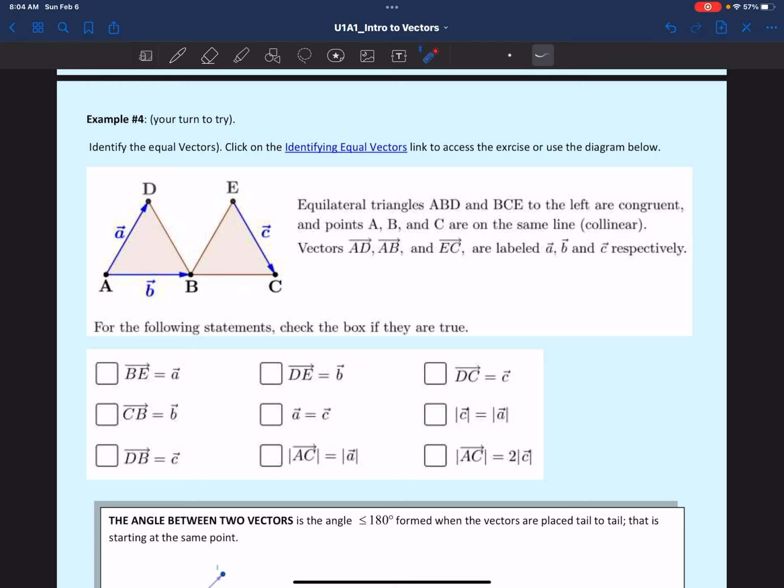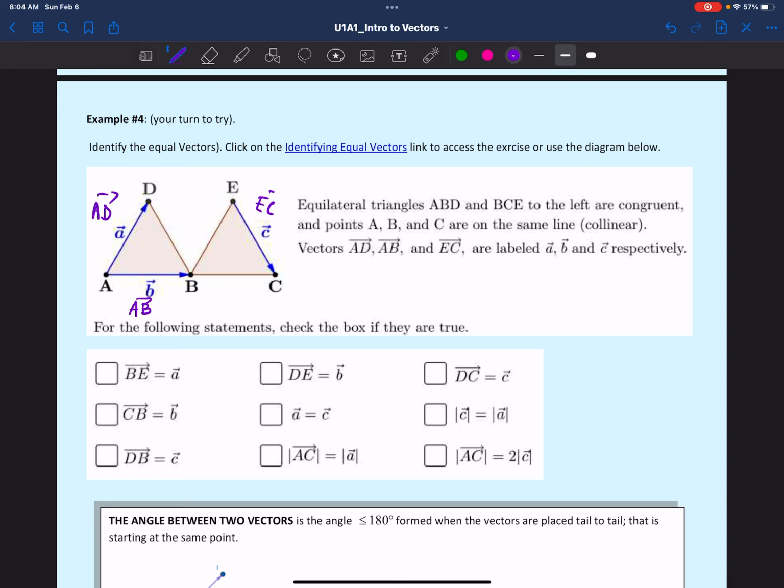Vector B starts at A, ends at B, so that would be the vector AB. Vector A starts at A, ends at D, so that's vector AD. And last, vector C starts at E, ends at C. So EC.